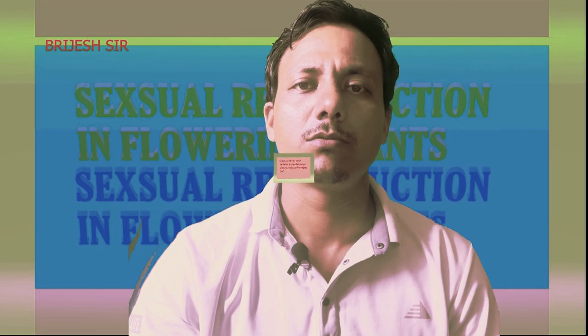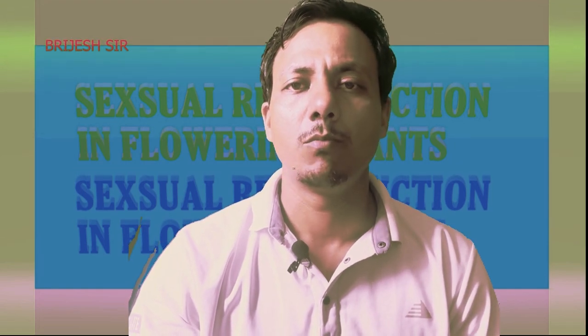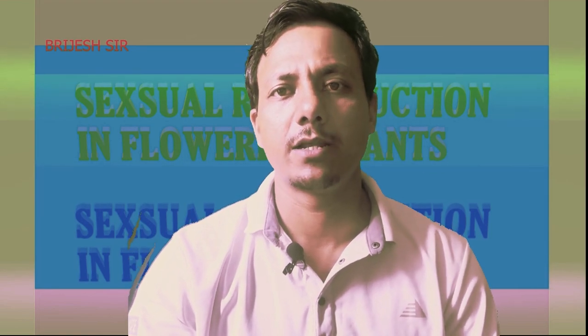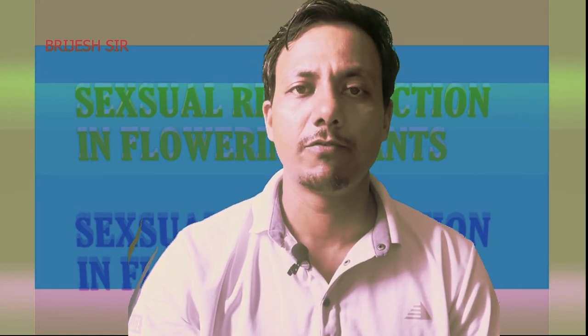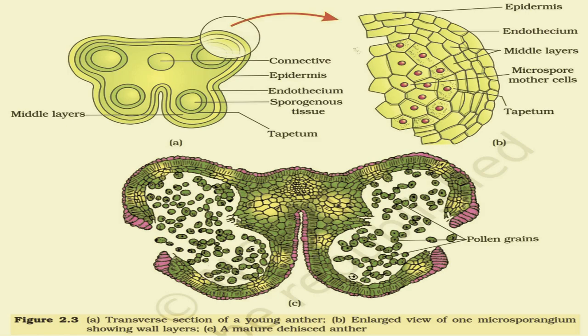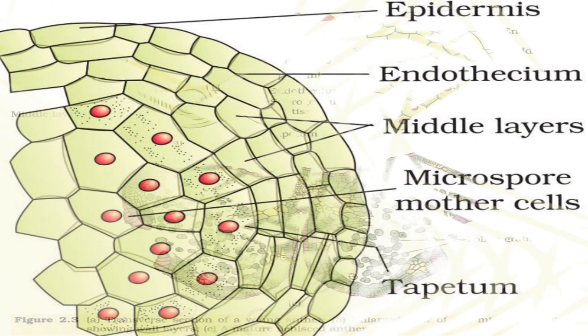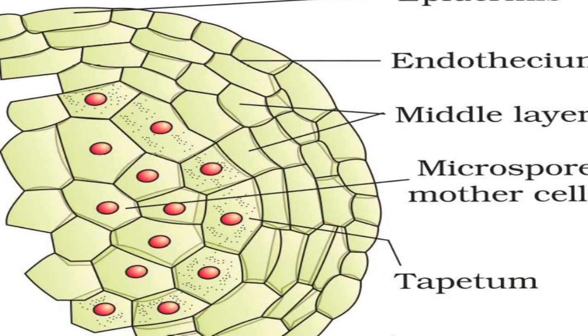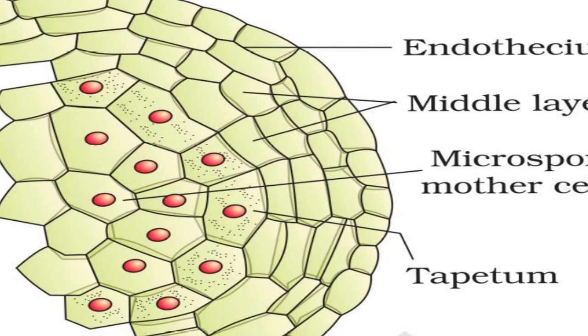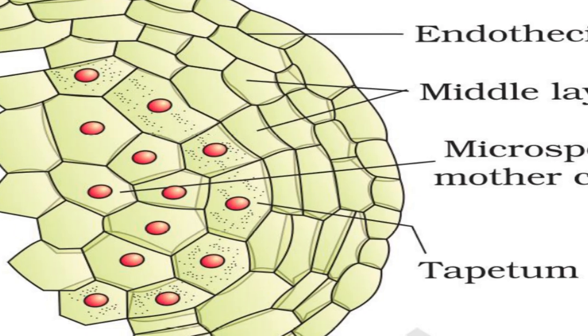Now, pollen grain formation and its importance. Let us understand how pollen grains are formed. In the center of each microsporangium, there is a group of homogeneous cells known as sporogenous tissue. Each cell of this tissue is capable of forming a microspore tetrad.